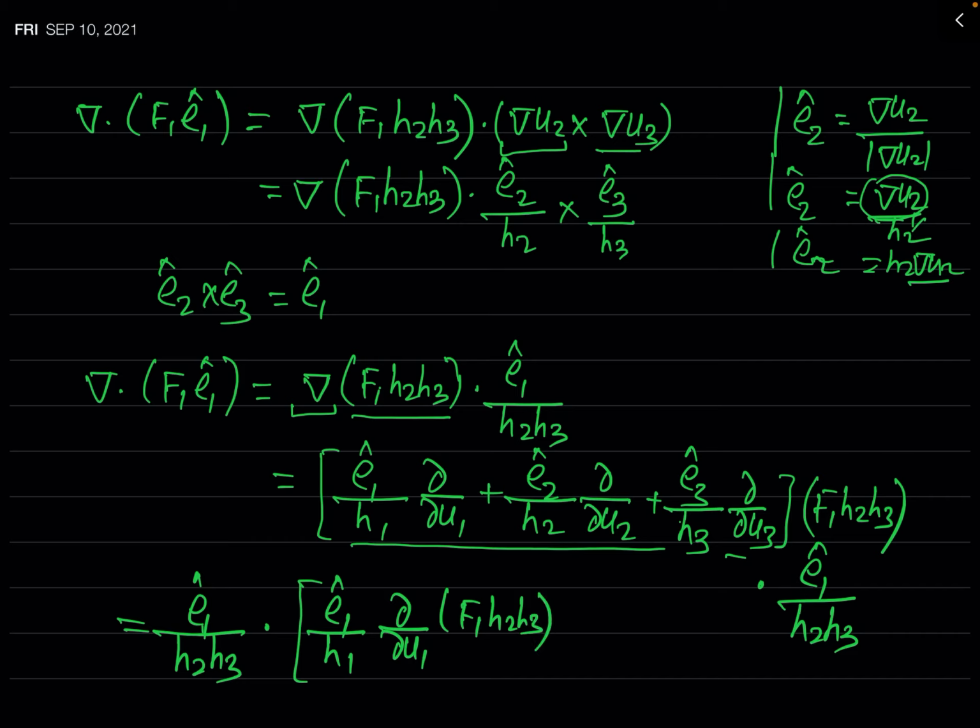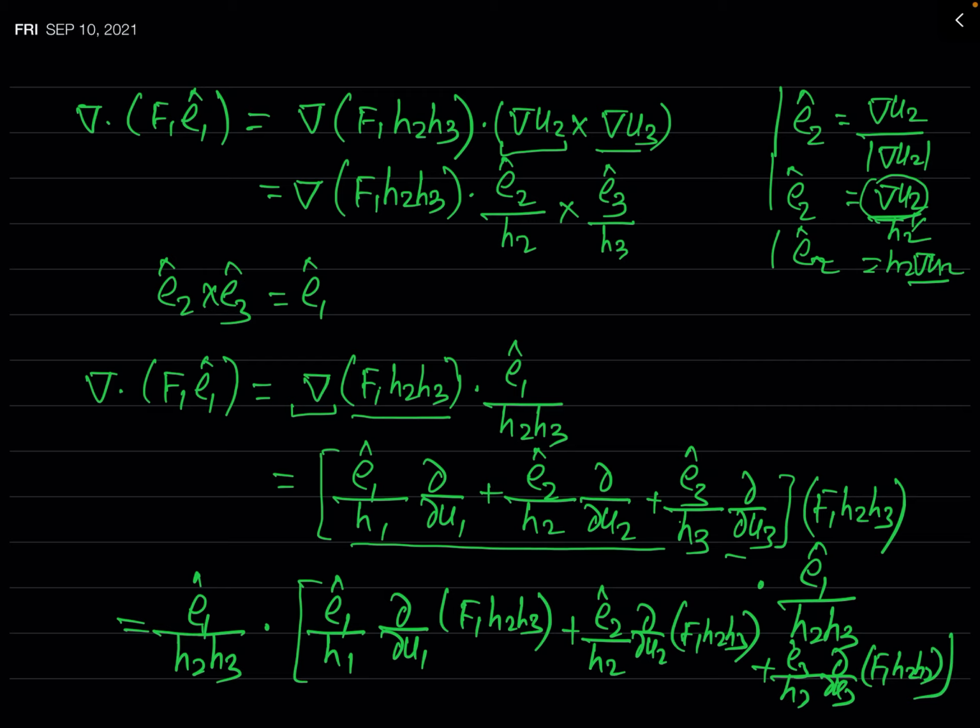Plus the second term is E2 hat over H2 del U2, again on F1 H2 H3, and plus E3 hat over H3 del U3, and this will be again operated on F1 H2 H3.